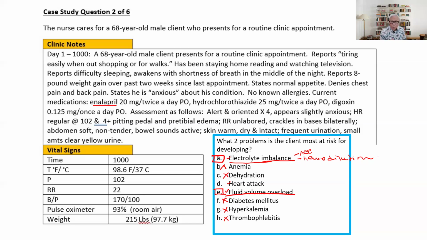He is also taking hydrochlorothiazide, and he could become hypokalemic as a result of that. If he's not taking in enough potassium or not taking his enalapril, he is at risk for hypokalemia. So A and E are the best responses.